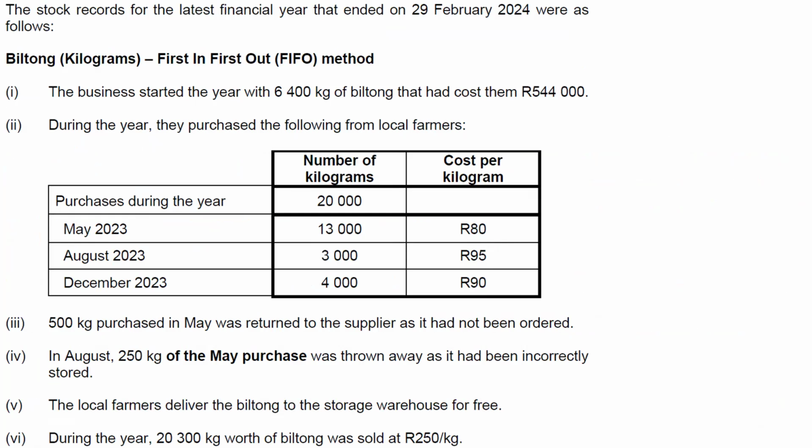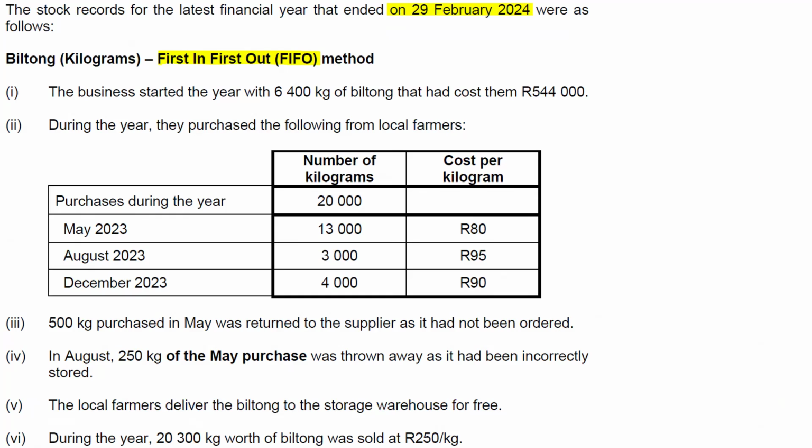Let's go further. They say stock records for the latest financial year end, which is the 29th of February 2024, were as follows. They gave us biltong in kilograms. We use first in, first out method. You will notice that they said the business started operating with 6,400 kilograms of biltong that had cost them 544,000.